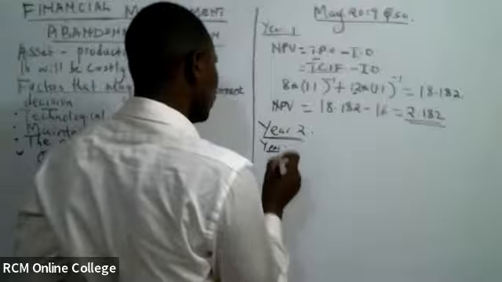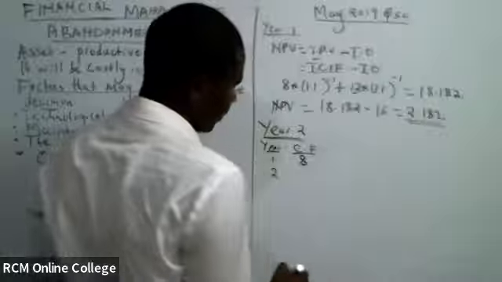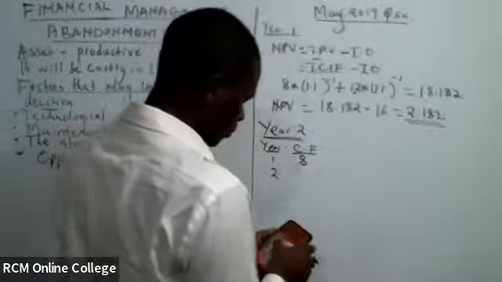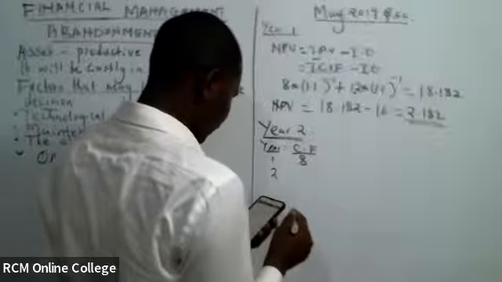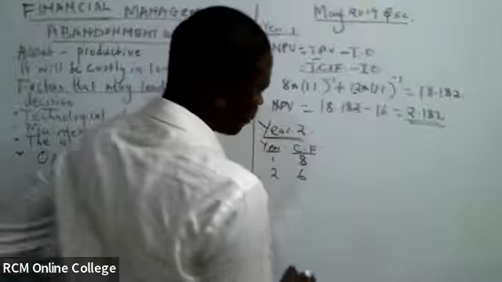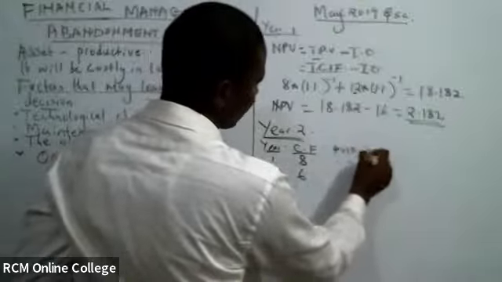So year 1, the cash flow here I have 8, and year 2 I have the cash flow of 6. Thank you. And then I have to discount using PV 10%.